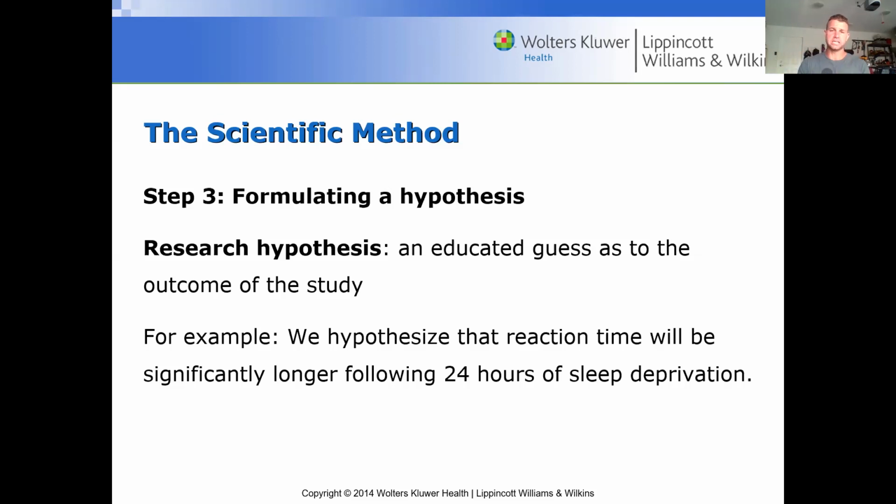All that plays into it, but you're making an educated guess. A lot of times you may be 100% sure this is going to happen. Maybe something's been researched 1,000 times, but you're doing a slightly different take on it.